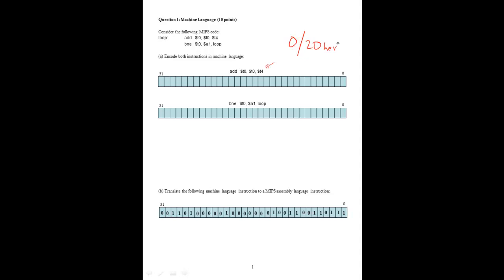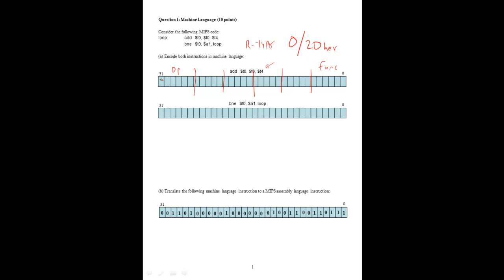The add is also an R-type instruction, and so we know the first 6 bits are the opcode. Then we have 3 5-bit register specifiers, followed by a 5-bit shift amount and the 6-bit function code.